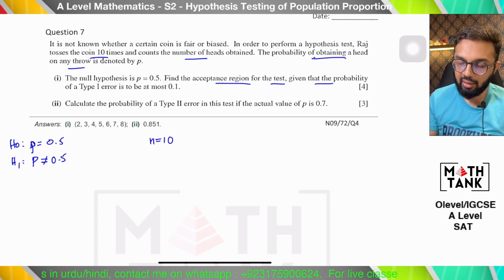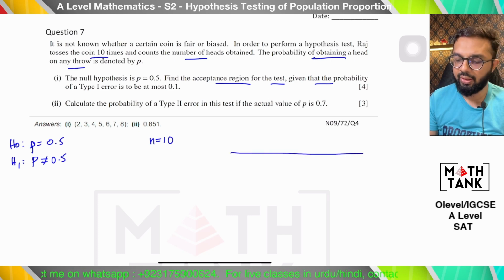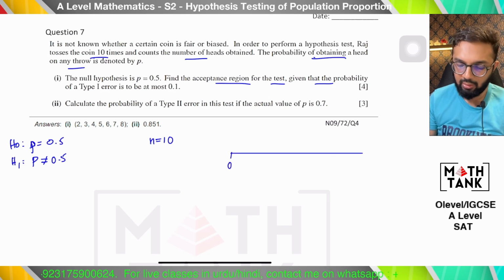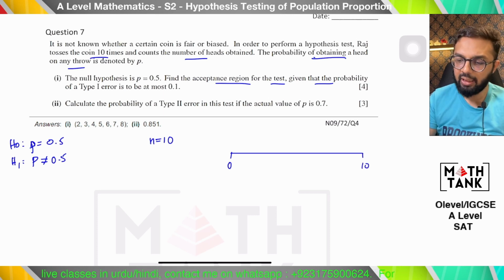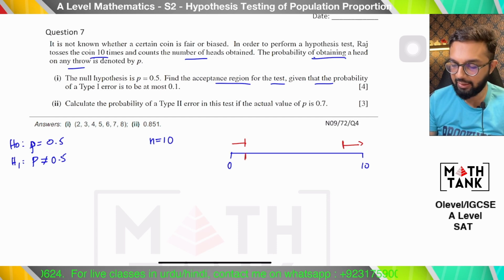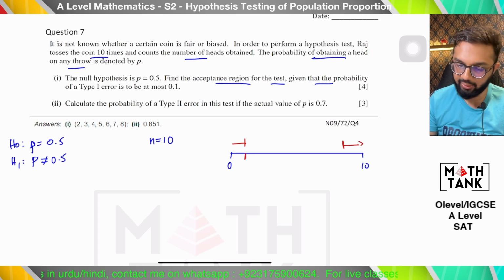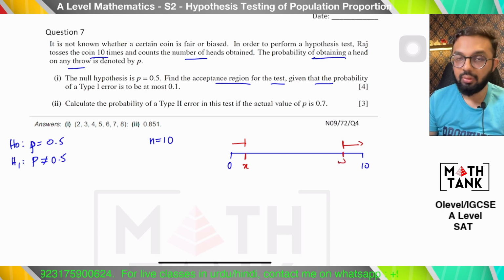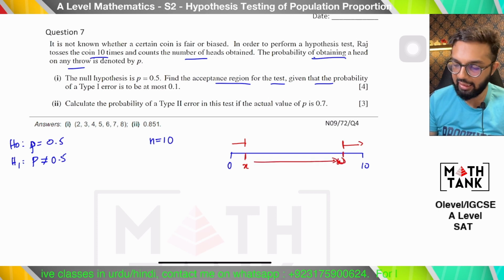Now, remember that if I were to draw a spectrum from 0 to 10, my rejection region would be on both sides equally. So I have to find a pair of numbers inside, let's call them u and v.